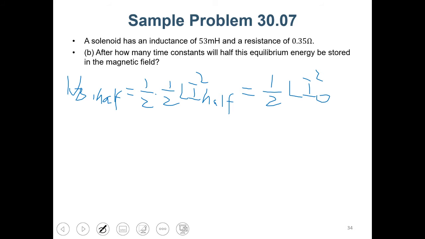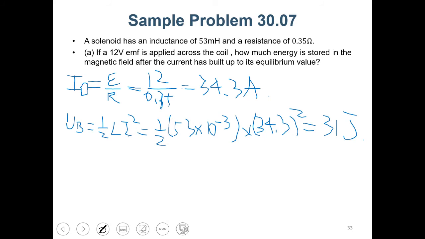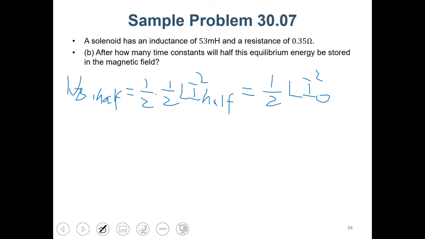Maybe I0. It should be I0. Okay, so the 1/2 can be cancelled, this one can be cancelled, L can be cancelled.